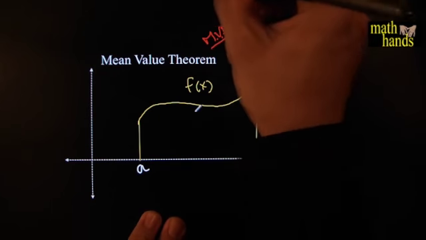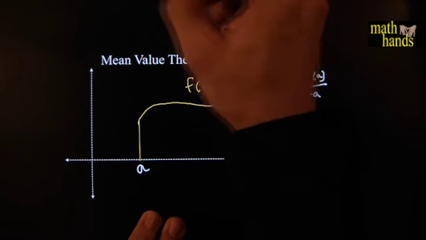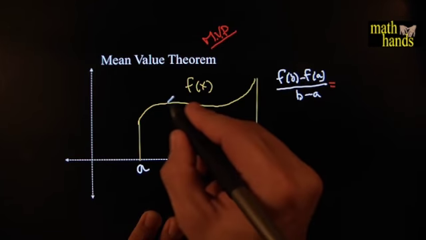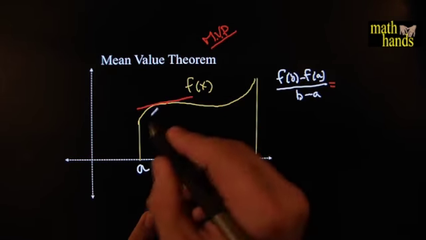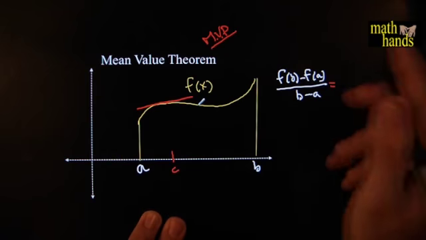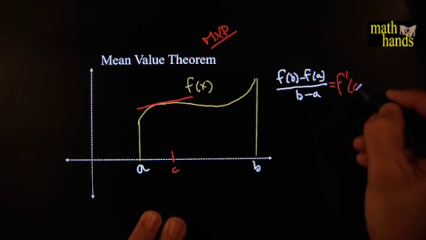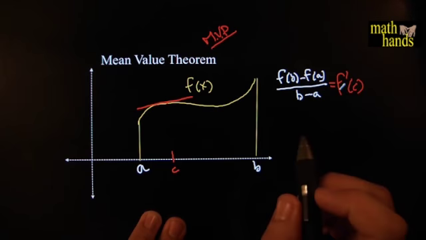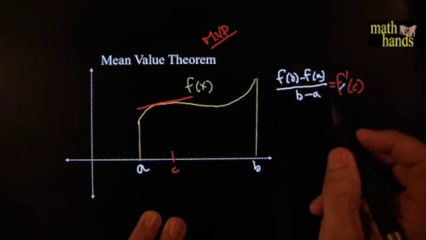There's always some point in the middle, guaranteed by the mean value theorem under the right conditions, such that the tangent slope at that point is exactly the same as the secant slope, meaning this secant slope would be equal to the tangent slope for some point C in the middle. That's what the mean value theorem says.